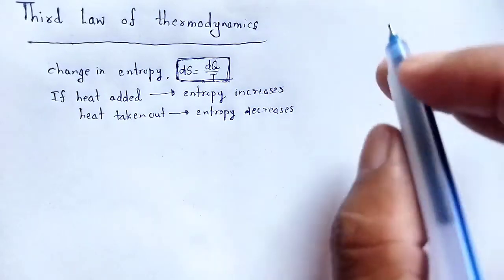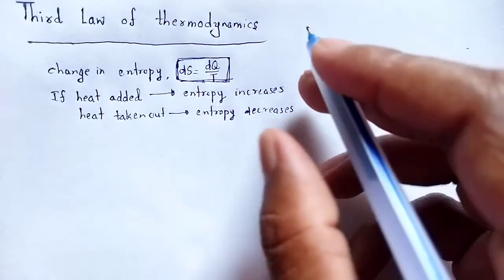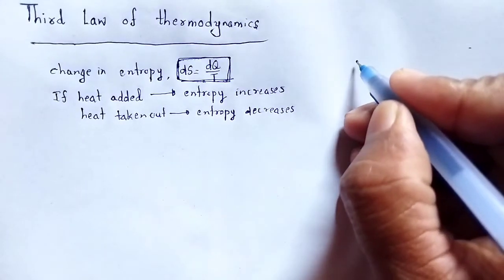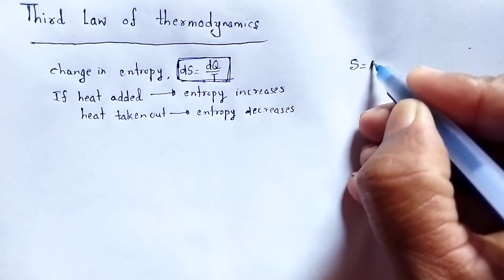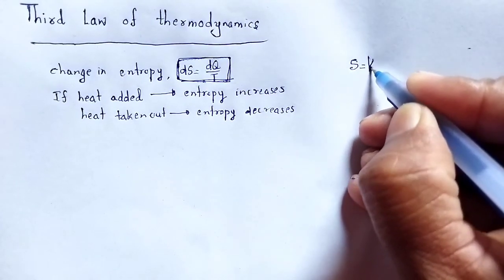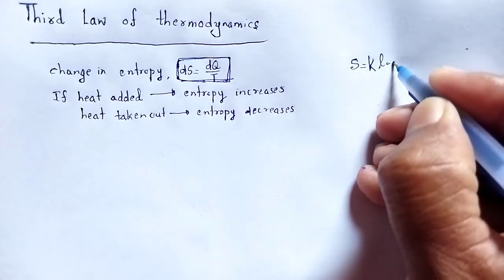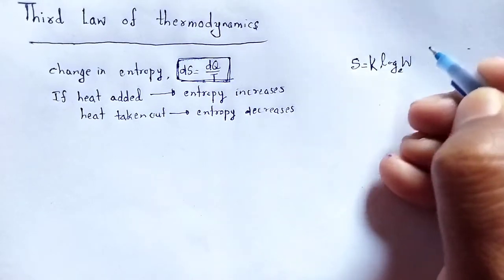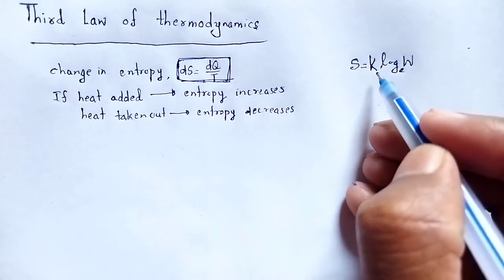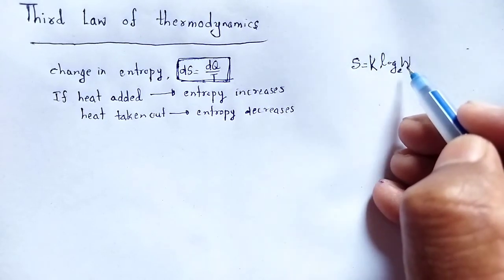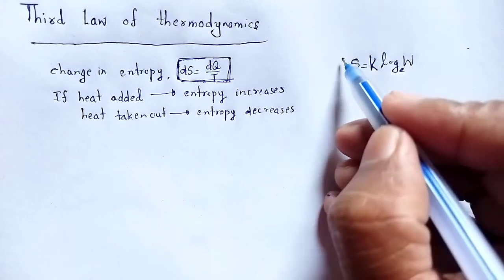Again, in another mathematical form, according to the definition of entropy, S equals K times log W to the base e, where S is the entropy, K is the Boltzmann constant, and W is the thermodynamic probability.